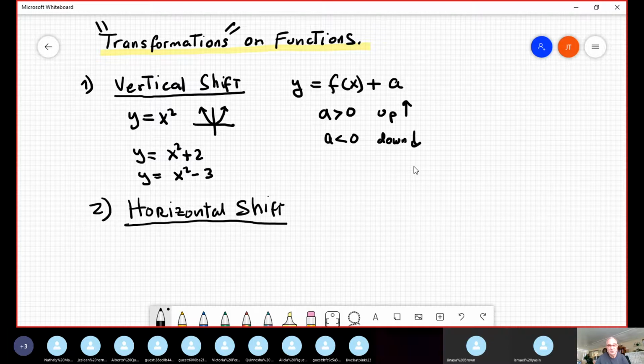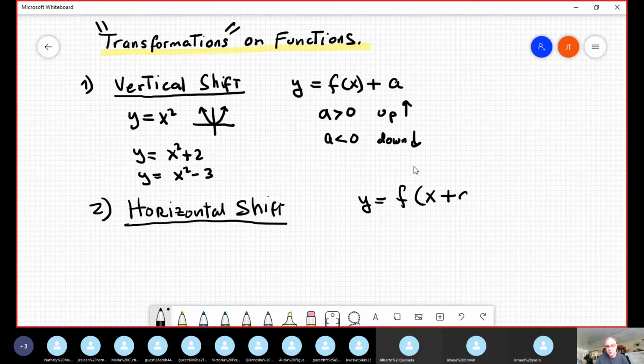It's a little bit different because in the function notation, you are adding or subtracting a number inside the parentheses. Now, if you subtract or add inside the parentheses, obviously it affects basically the x-axis, not the y-axis. Then the motion is horizontal.